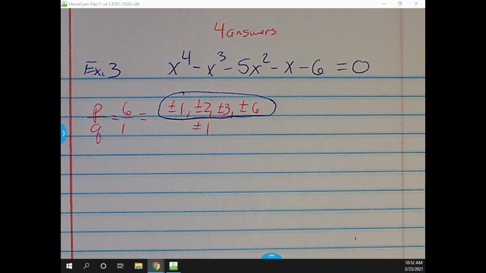No fractions, and people go, yay, no fractions. So we only have 1, 2, 3, or 6. Okay, so somebody give me a guess. What do you think? +1 or -1? Which one we want to do first? Or you want to step out of lane and go to 2 or 3 or 6? Because there's not that many for this one.